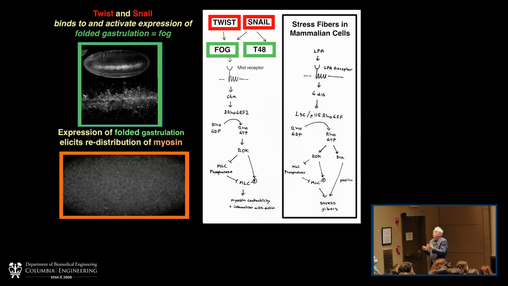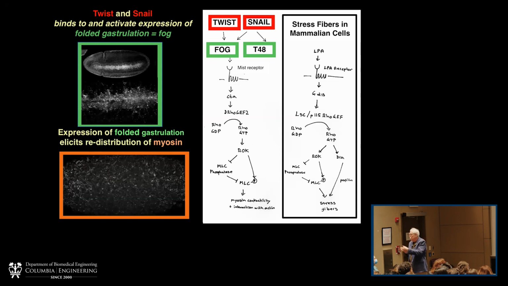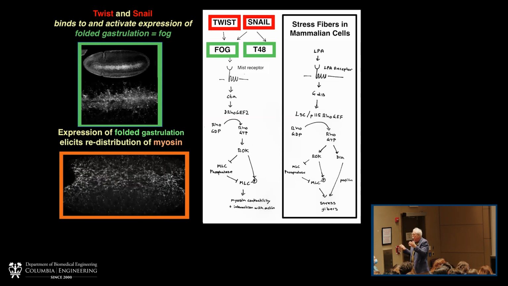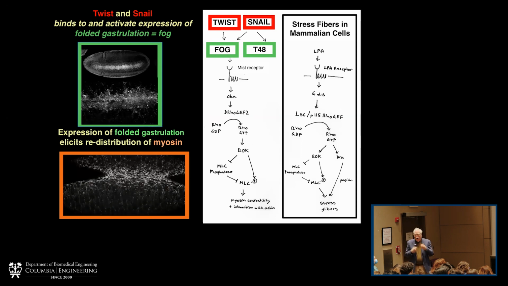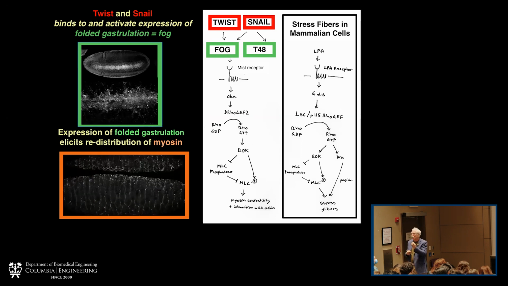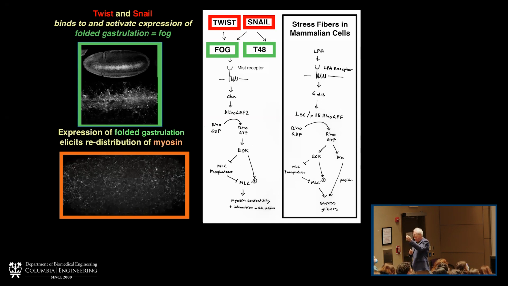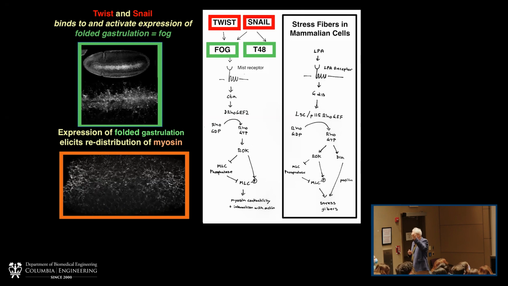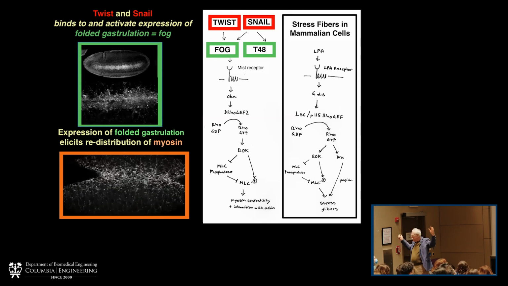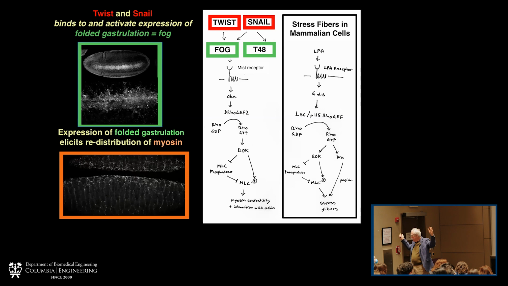Now, the interesting thing about this pathway, which we genetically defined, we know all the components, have been worked on in a number of labs now, is that folded gastrulation exists or is identifiable based on homology in Drosophila, but not in other, even in far insects, it's hard to find.